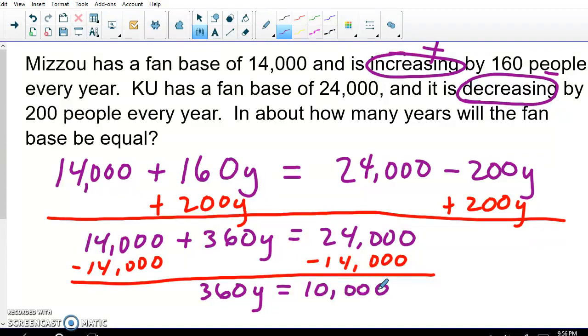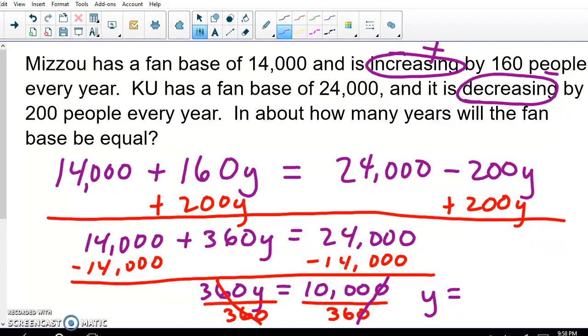So now to isolate y, I need to undo times 360. So the opposite of multiplying by 360 is to divide by 360. That cancels to 1, so I'm left with y. Now here I can cancel my final zeros, one little shortcut, and then I'm really dividing 1,000 by 36.